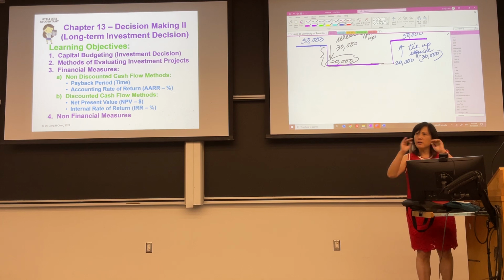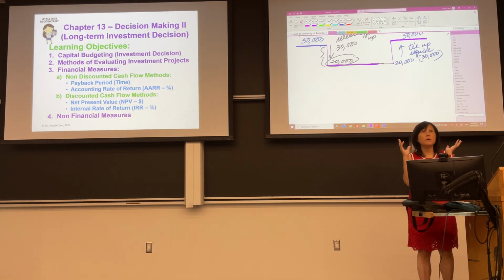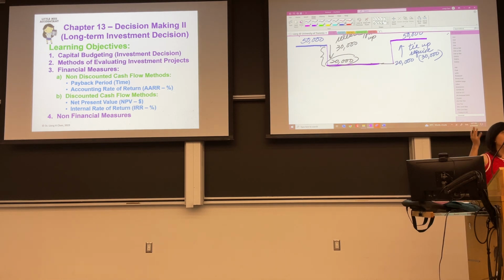You say, okay, you can pay me in 30 days. So your accounts receivable go up. Accounts receivable go up means you did not receive money. Before, you only have 10,000 accounts receivable. After you switch to the new machine, accounts receivable go up, you do not receive money. Now, this is 60,000 accounts receivable, you do not receive. This is called tie up.